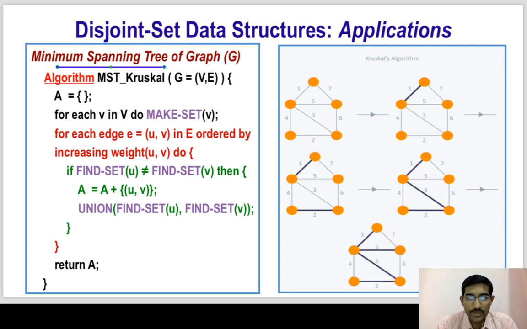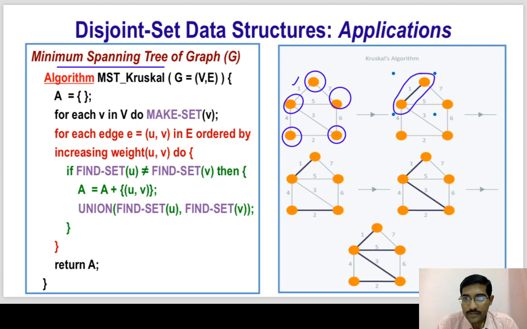So what we do is that initially we identify each vertex as a different set of elements. Initially each vertex belongs to one set, so the representative itself is the vertex. Then when we see that this is my minimum edge, we make a union of two vertices and form a bigger set.